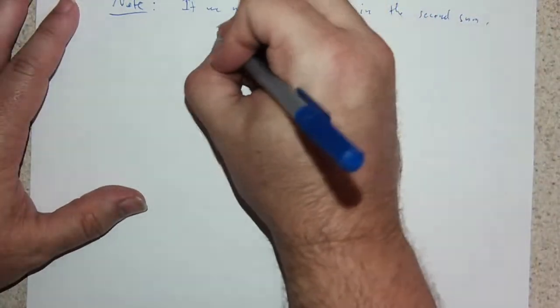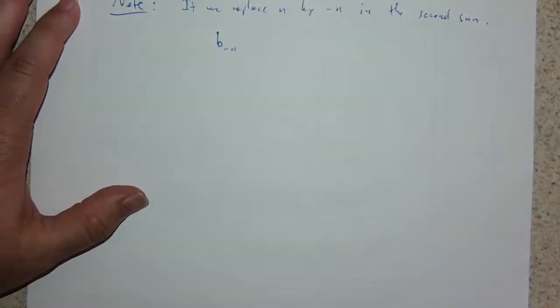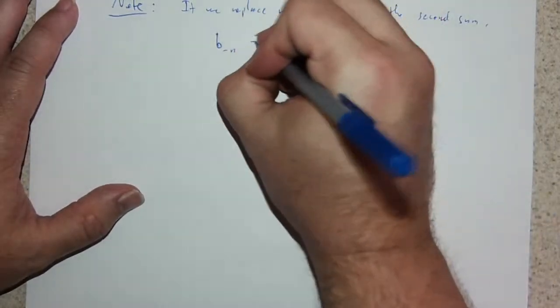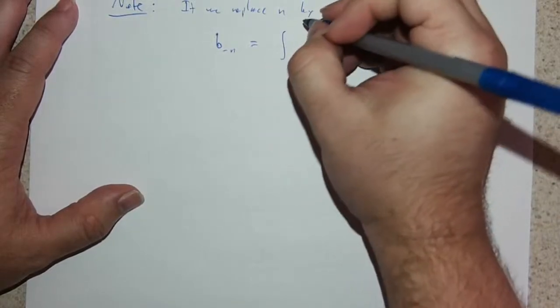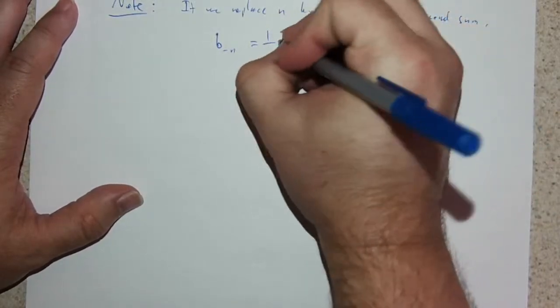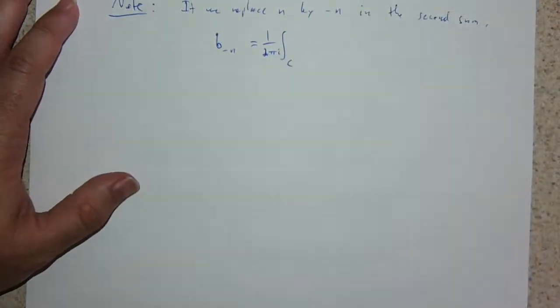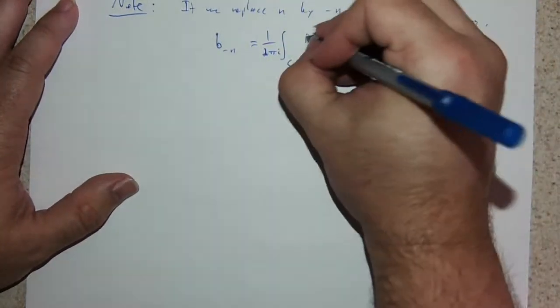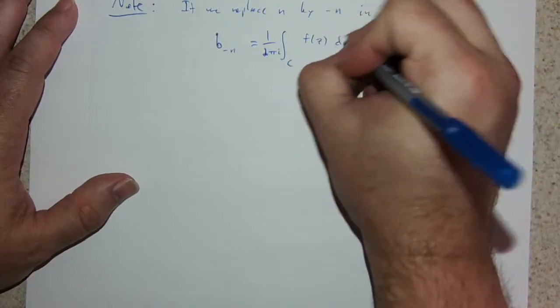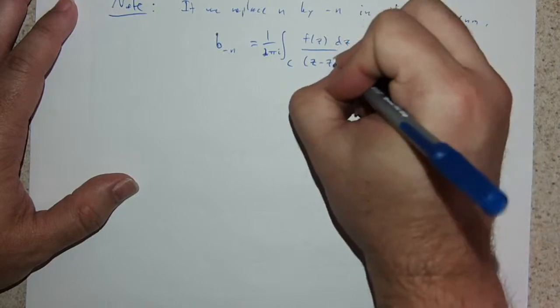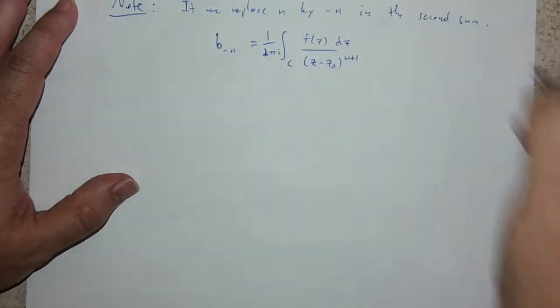So b to the minus n here is going to be 1 over 2 pi i times the contour integral of f of z dz over z minus z naught to the n plus 1.